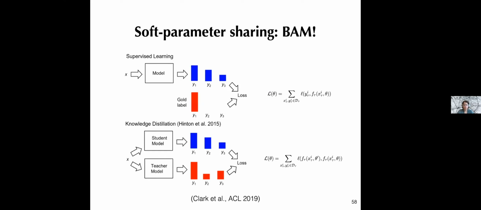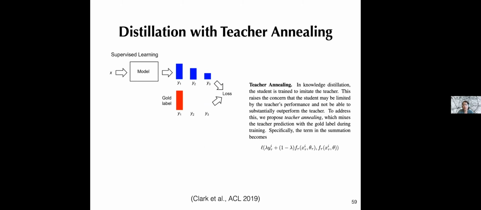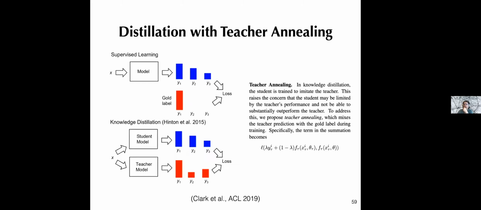And they have shown in this paper that merging this kind of soft supervision via distillation, with an annealing property, so that you're essentially first relying more on the teacher and then slowly moving more towards the gold annotations, is helpful in multitask learning.